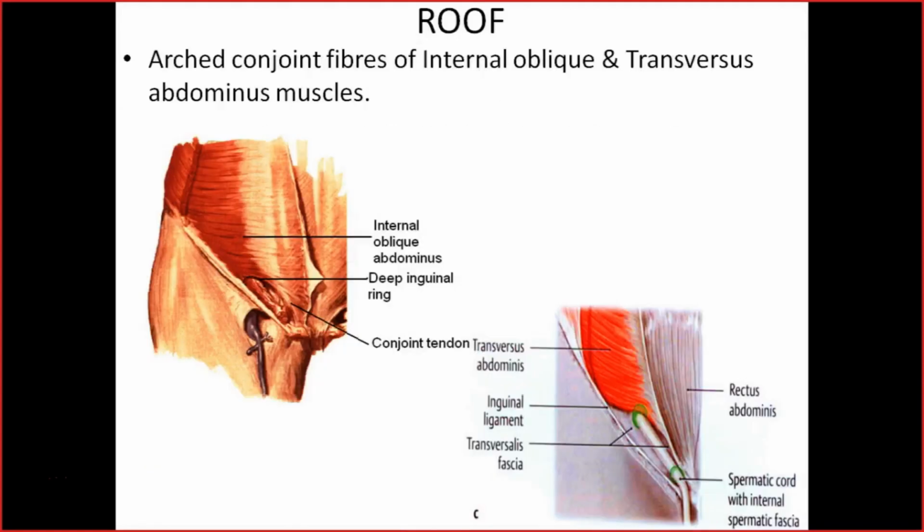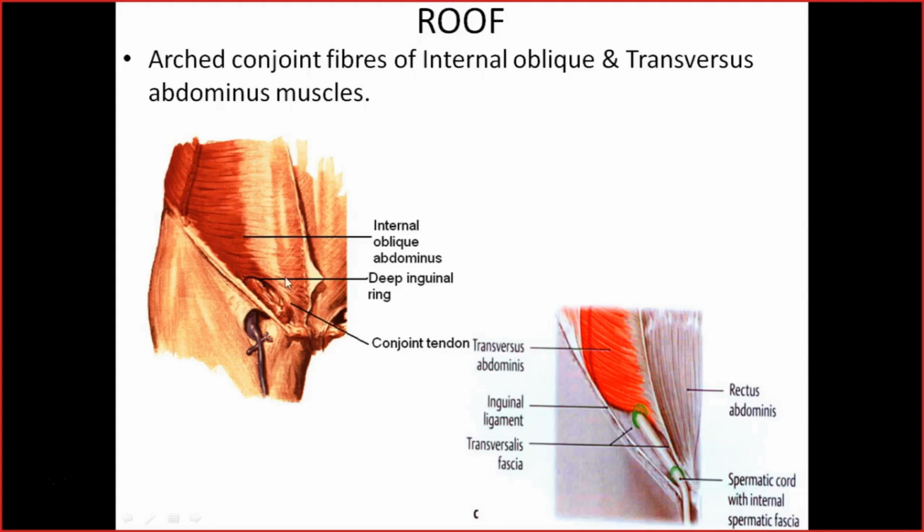So now talking about the roof. Okay, the roof is again formed by arched fibers of the conjoined fibers of the internal oblique and transversus abdominis muscle. You know this, right? We already had seen conjoined fibers in the posterior wall. The posterior wall is contributed by fascia transversalis along with conjoined fibers and reflected part.